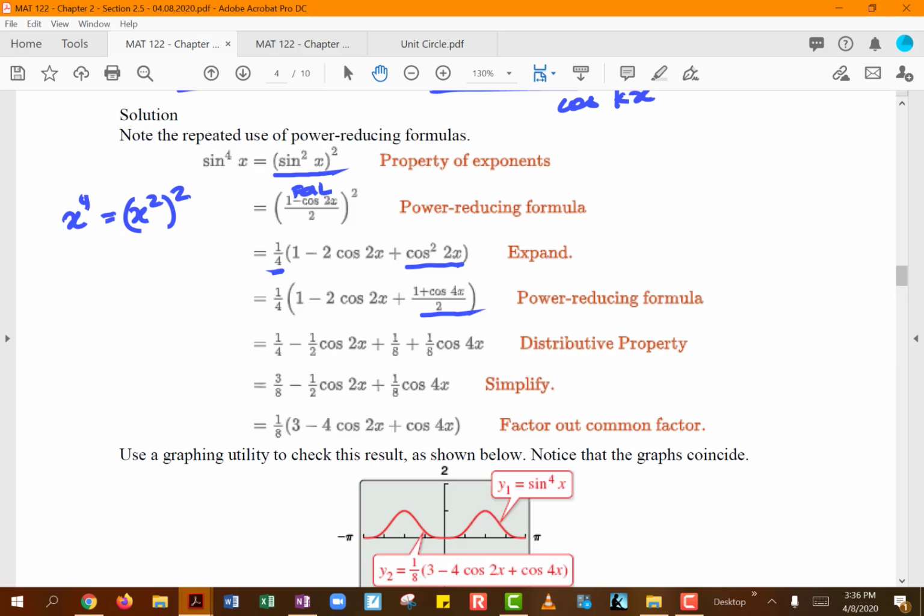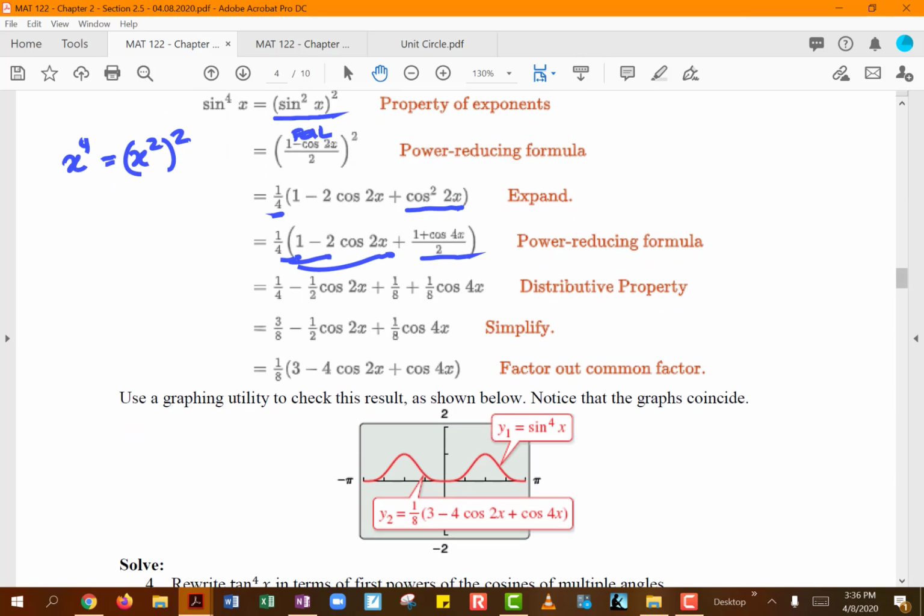And then, of course, what they did here was they went ahead and distributed this 1/4 inside the parentheses. And they're just trying to clean this up as much as they can, combine like terms. And then from each term, they took out this 1/8 as a common factor, and whatever you were left with went inside the parentheses. Okay?